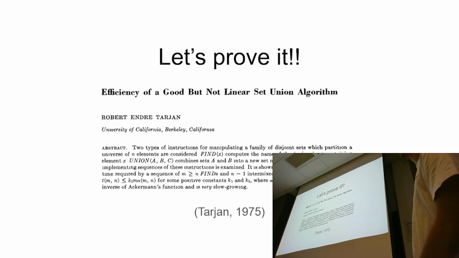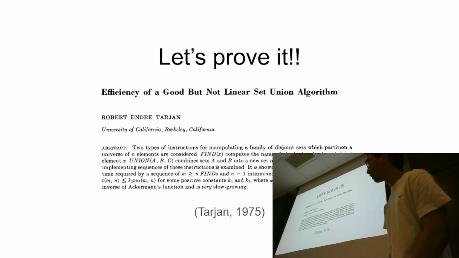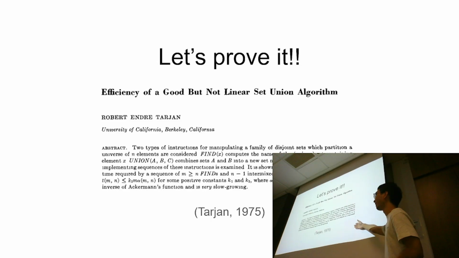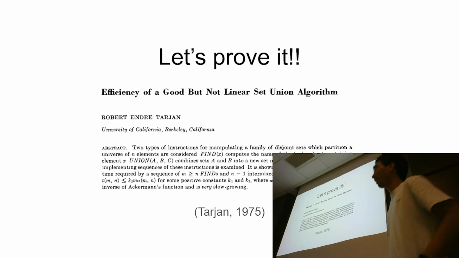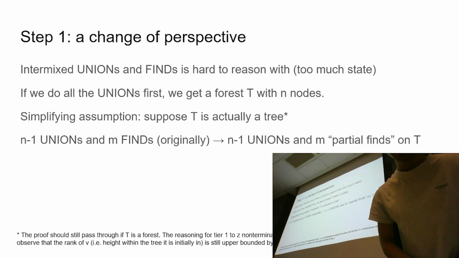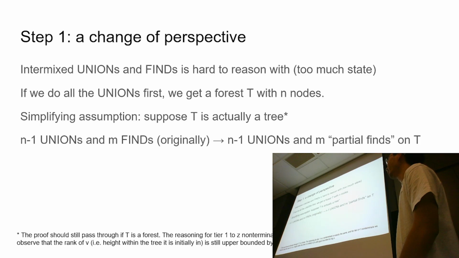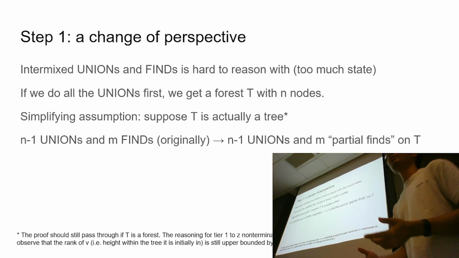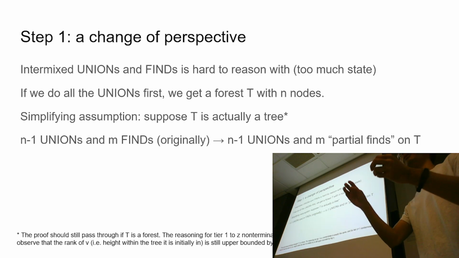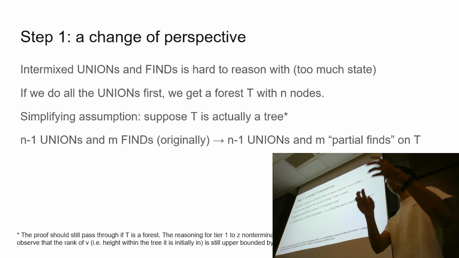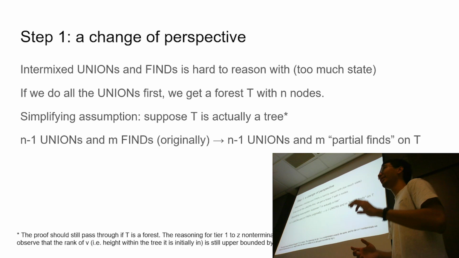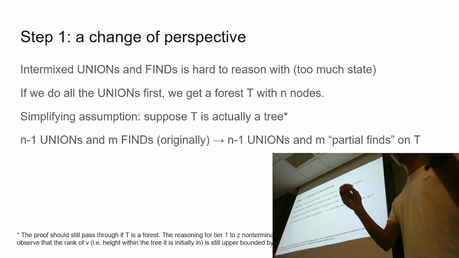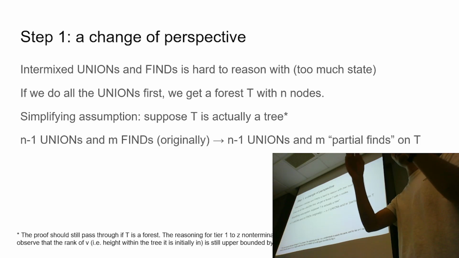Okay, so you're ready to get to the proof. I'll be following this paper by Tarjan, written in 1975. The first step in the proof is to change our point of view, because in our original setup, we could have unions and finds intermixed with each other. This makes the analysis very difficult, because every time we perform a union, we are changing the state because we are merging two sets.